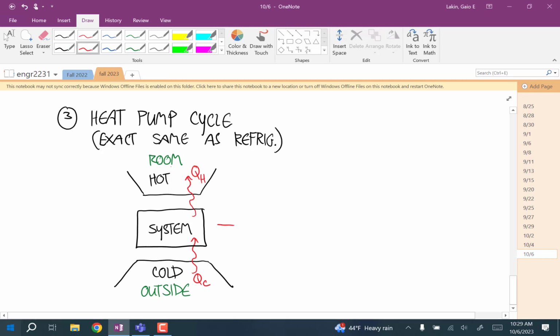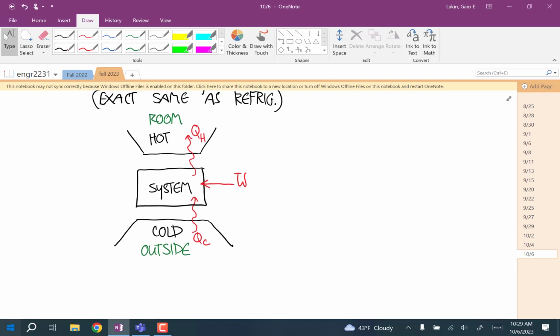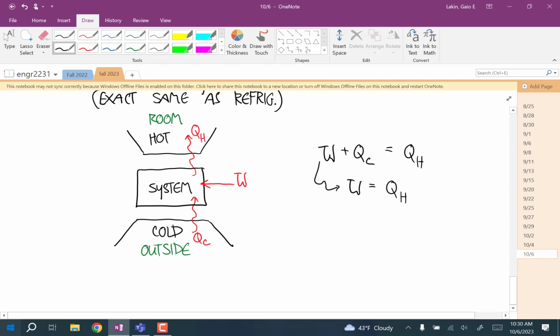And so the cost of running this thing is a compressor that does work on the gas to raise its temperature so it can eject to the surroundings. And again, you can write this as work plus QC is equal to QH. And so work is equal to QH minus QC.